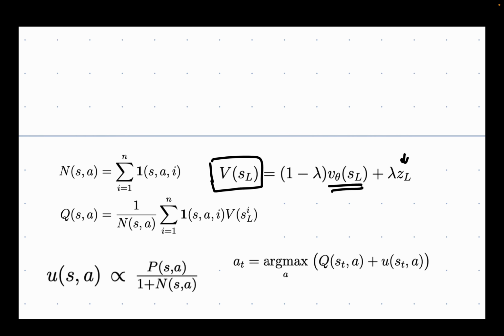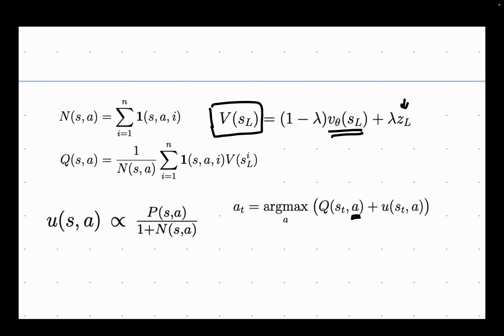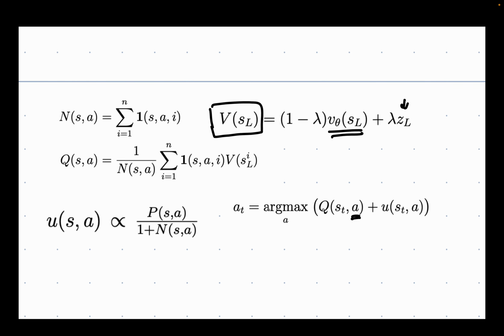So you play some action A and you go to the next node, which is now the new leaf node, and this basically iterates. Now when you begin from this leaf node, you can initialize the likelihood of every action you take some way.